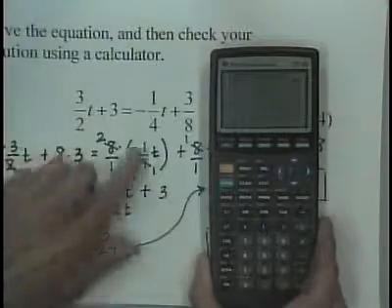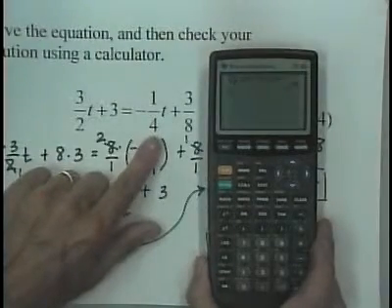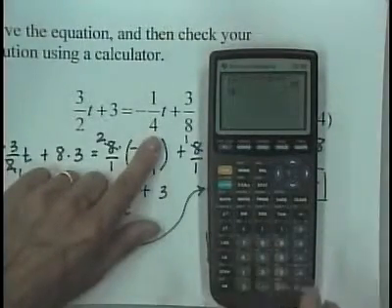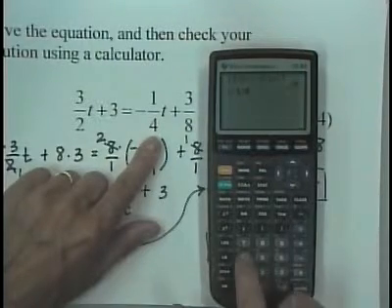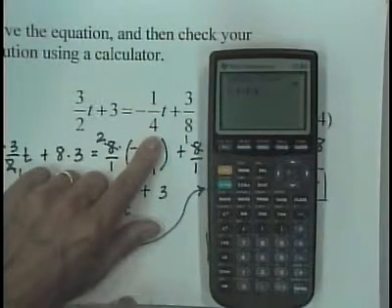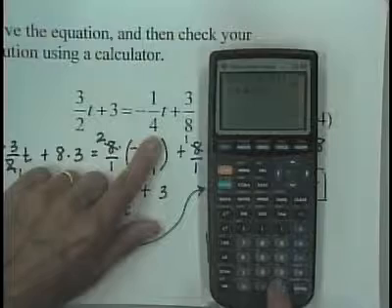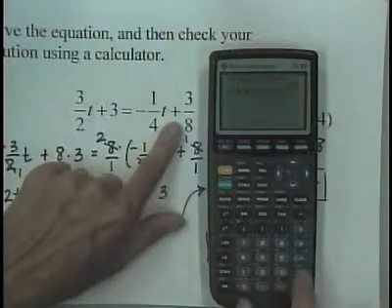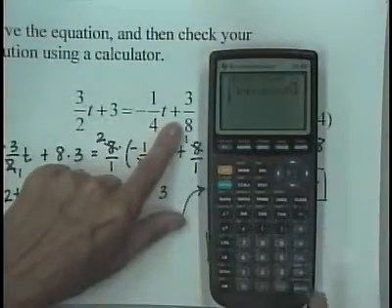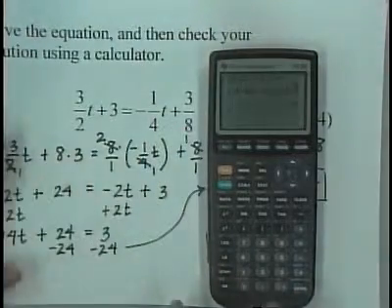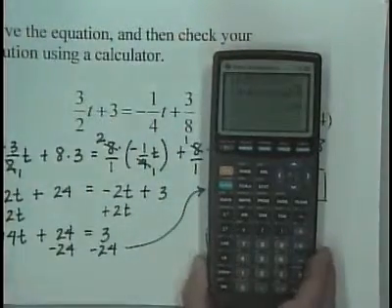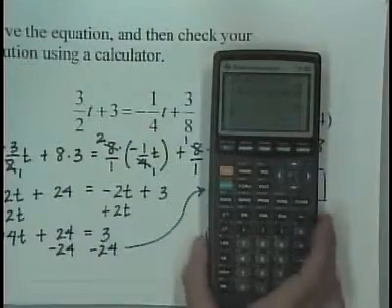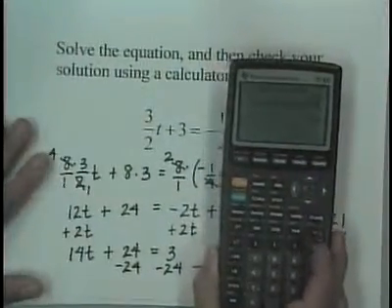Well, let's see if we get the same result when we enter negative 3/2 in the right hand side. We need to put the fraction negative 1/4 itself in parentheses, and then next to it in parentheses negative 3 divided by 2, and then to that we're going to add 3 divided by 8 and enter, and we get 0.75. And that confirms that negative 3/2 is a solution to the equation.